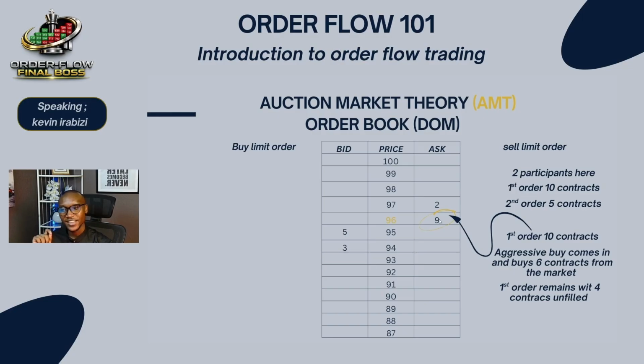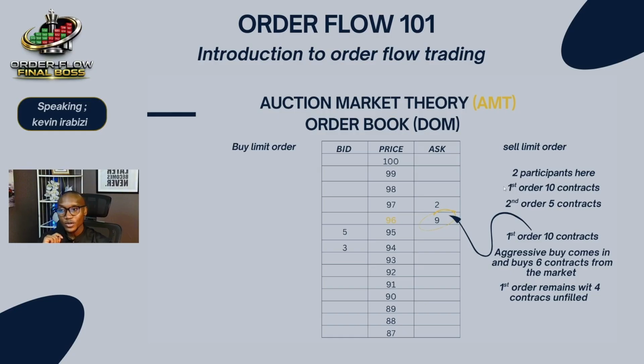we have remaining total of 9 contracts. So the first order, remember, the market works on a first come, first serve basis. Since we had our first order having 10 contracts, this buyer that is buying aggressively 6 contracts cannot buy these 5 contracts before they buy the 10 contracts. Listen again. Market works on a first come, first serve basis. You get my point?